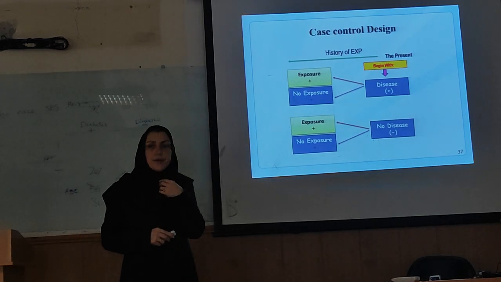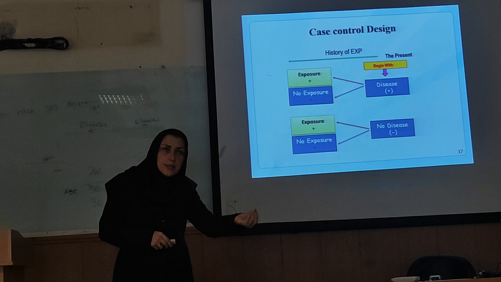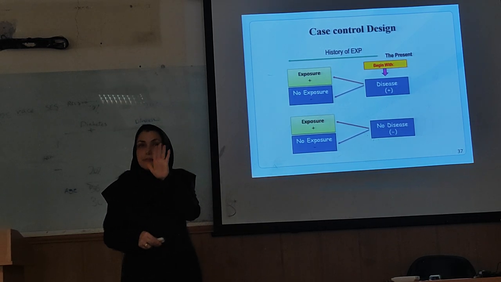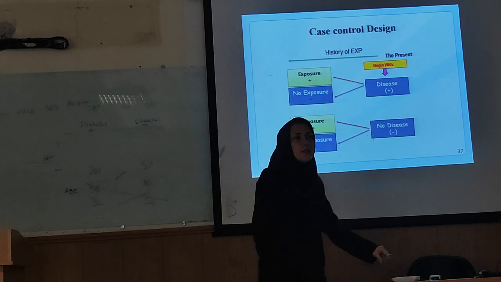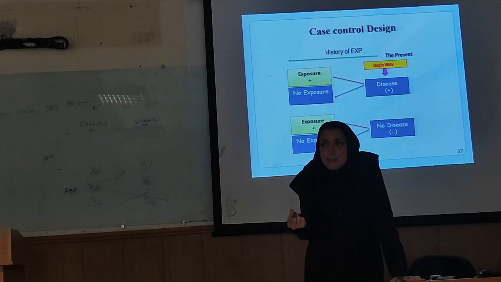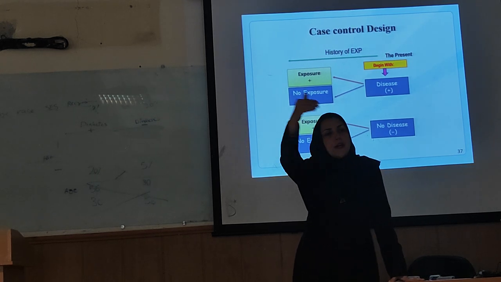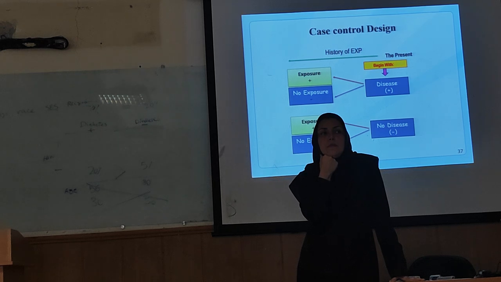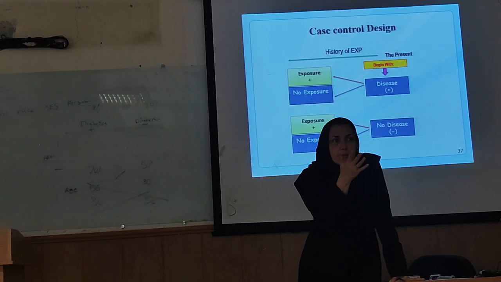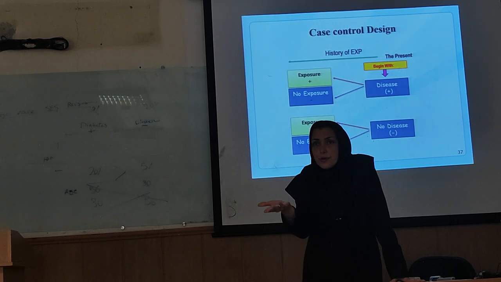And we can compare the percentage of exposure in cases with controls. Let me ask a question. If the percentage of exposure in cases is significantly higher than the controls, it means that exposure is a potential cause or risk factor of disease.